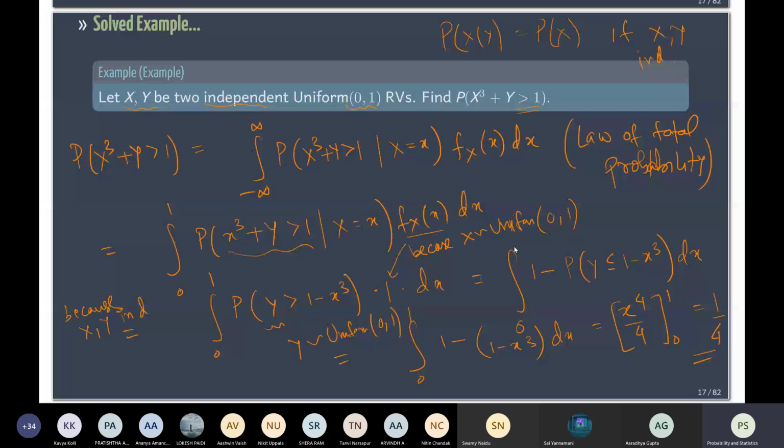So all this is being used, and then we can solve for this. So when I'm given two independent variables, I may think about using total probability because it's a bit simpler to compute this.